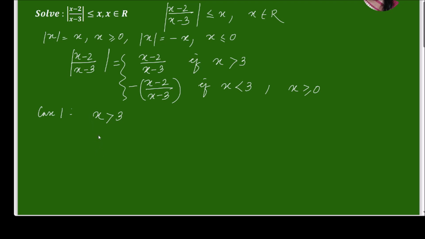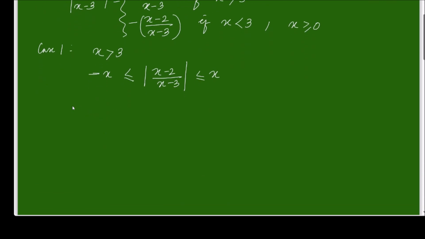It will be negative x is less than or equal to (x minus 2) over (x minus 3), which is less than or equal to x, since when x is greater than 3 it is converted to positive.